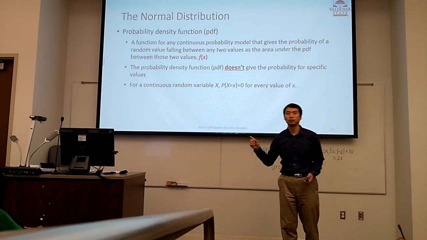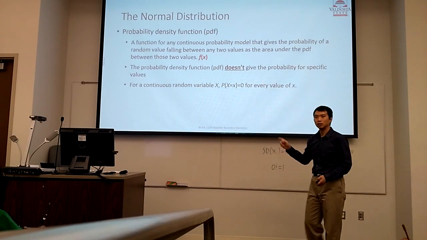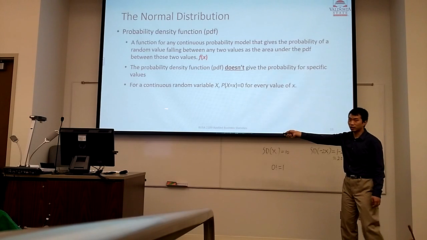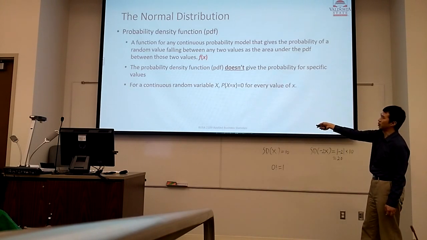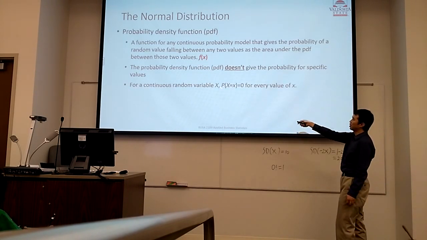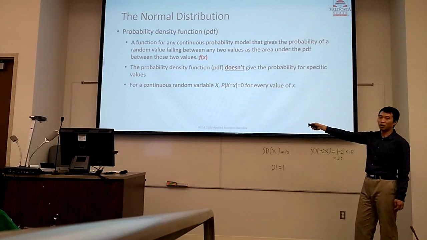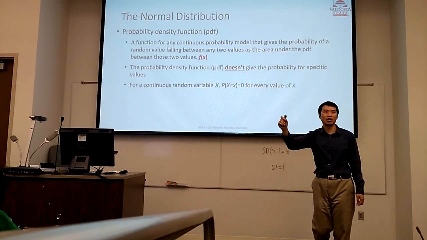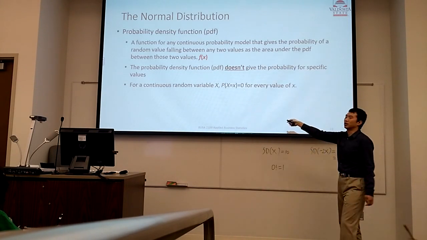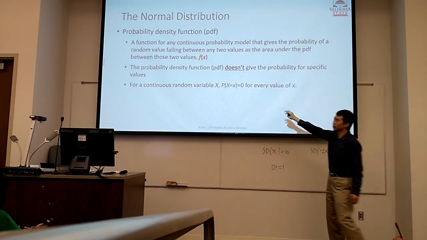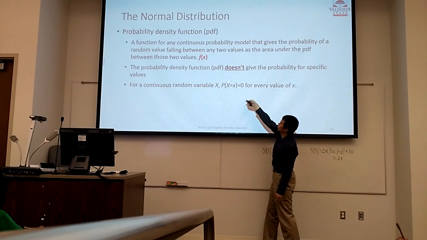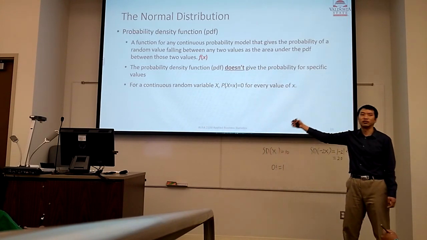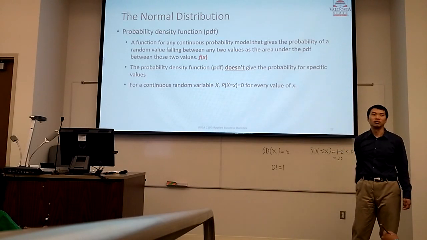It's also 0. Okay. So that gives us the last thing. For a continuous random variable x, the probability of the random variable equal to a specific value is equal to 0. Right? So those two statements we have to remember. Those are different from the discrete random models.